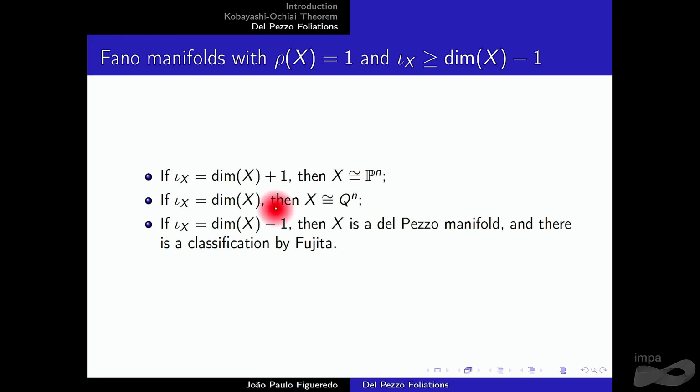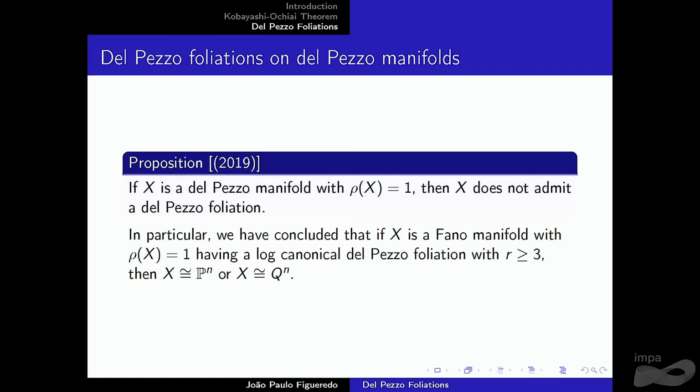If the index is the dimension minus 1, then X is a del Pezzo manifold. And there is a classification of del Pezzo manifolds, as I mentioned before. And it turns out that in this last case, if X is a del Pezzo manifold with Picard number 1, then X has no del Pezzo foliations.